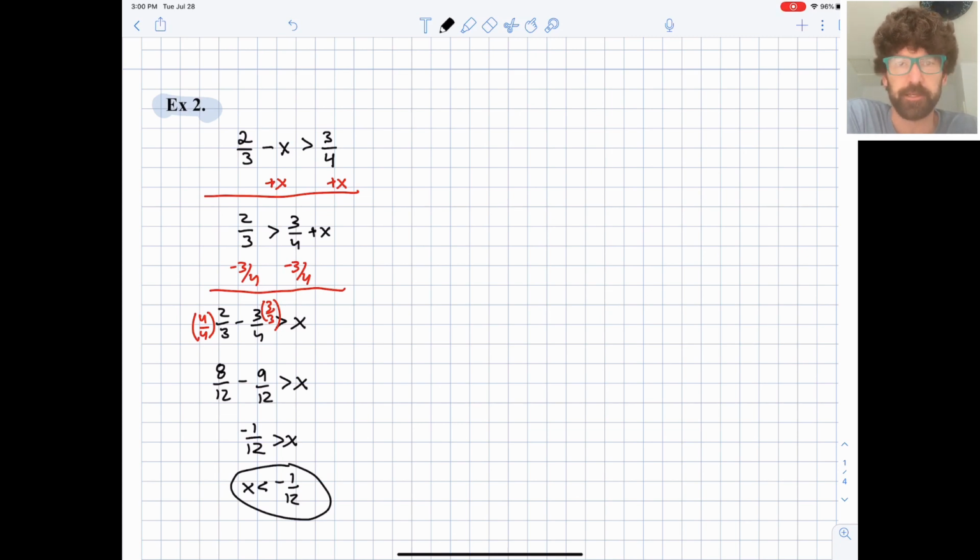I just want to make sure I have my inequality in the right direction. So let's plug in like -100, for example. Back up at the top is 2/3 minus -100, so plus 100, greater than 3/4. It is. It checks out. So I'm pretty confident that we did the question correctly. And that's a good place to stop right there.